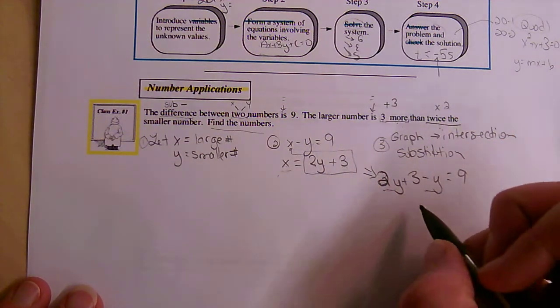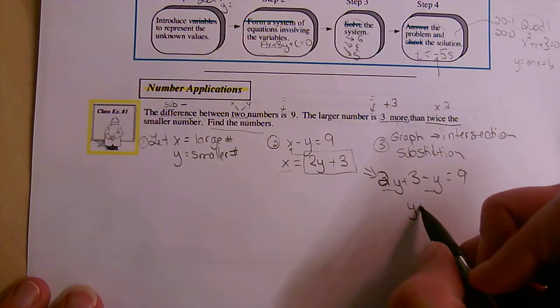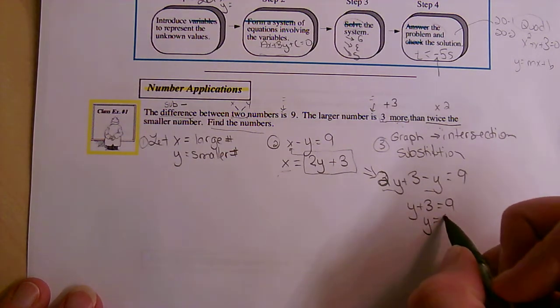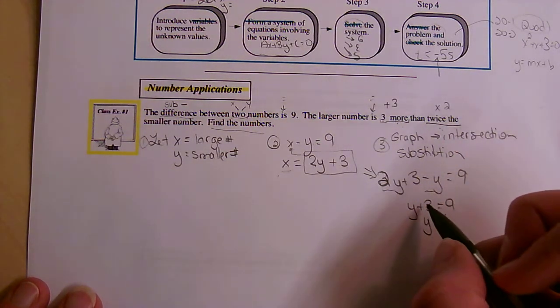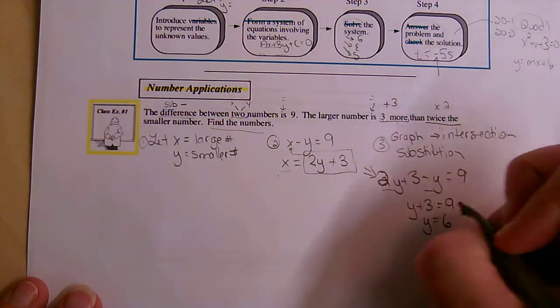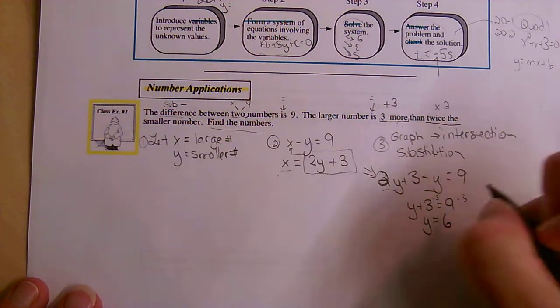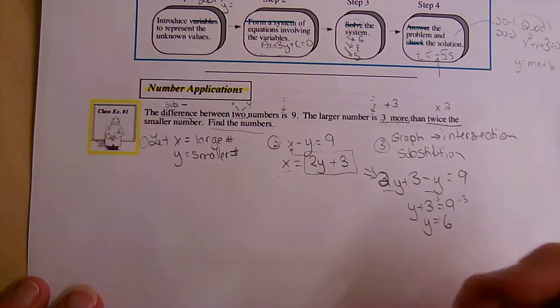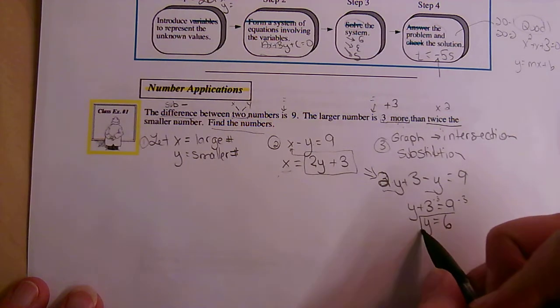Then I'm going to combine my like terms. 2y minus y is y. I'm going to send that 3 over. Here I would have to subtract that 3, and then I get y is equal to 6. Okay, so that's my first answer.